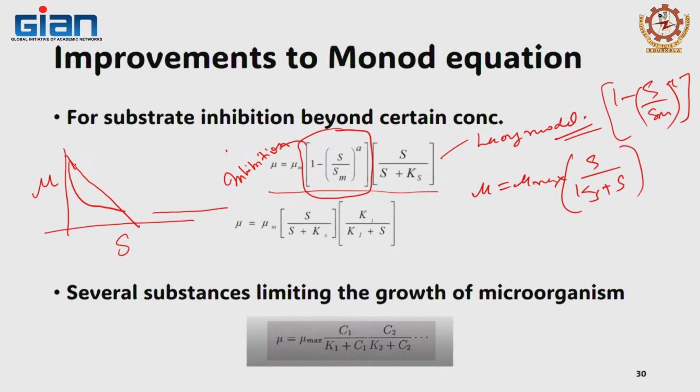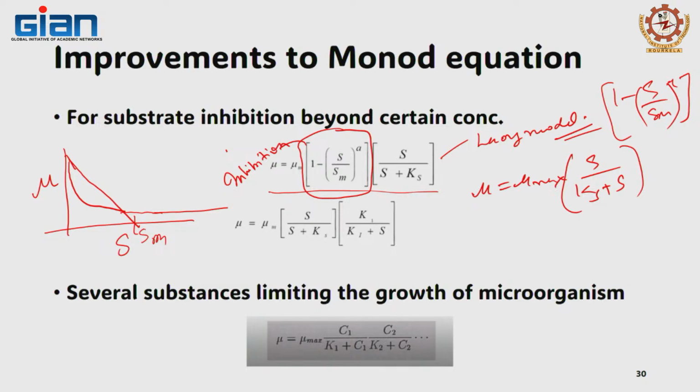So, when you are looking at this declining straight line with a negative slope, the location where it has intersected the substrate line, the x axis, that is your S m. So, what it means is the Luong model is valid if you are provided with the concentration of the substrate that is actually going to inhibit your growth, your mu.